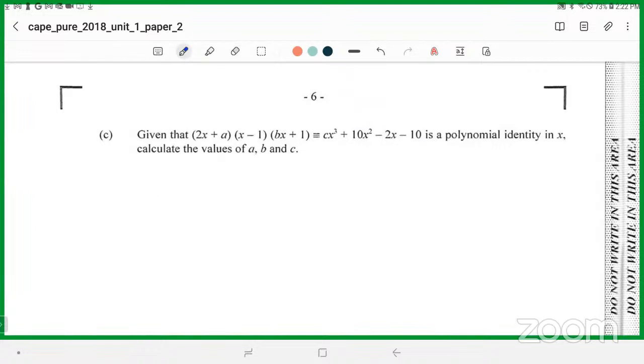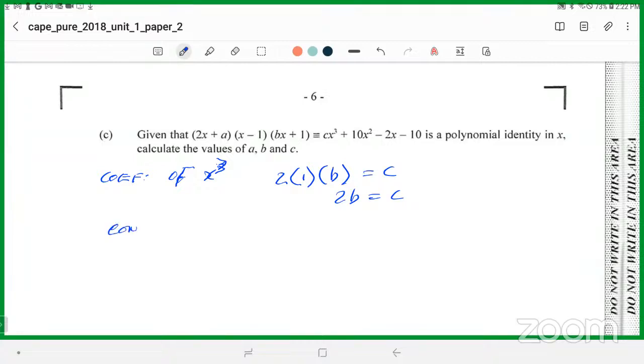The coefficient of x cubed: this times this times this equals that. So it's 2 times 1 times b equals c. So it means that 2b equals c. That's one expression.